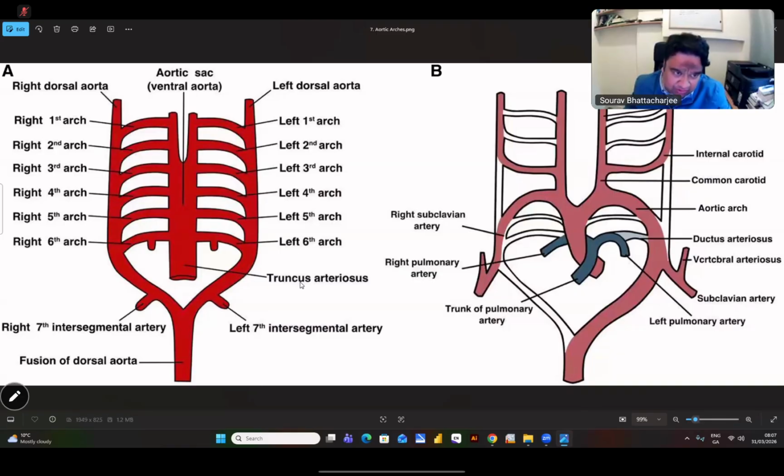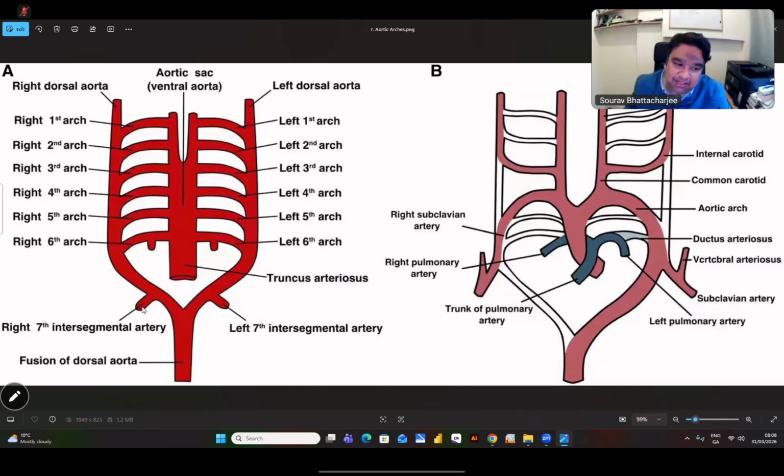Then remember 2 very important structures, the intersegmental arteries. These intersegmental arteries are primitive arteries that develop and supply the different somatic structures of the developing embryo.